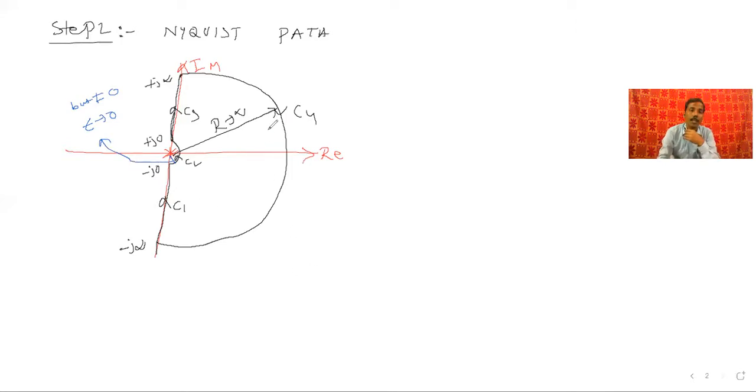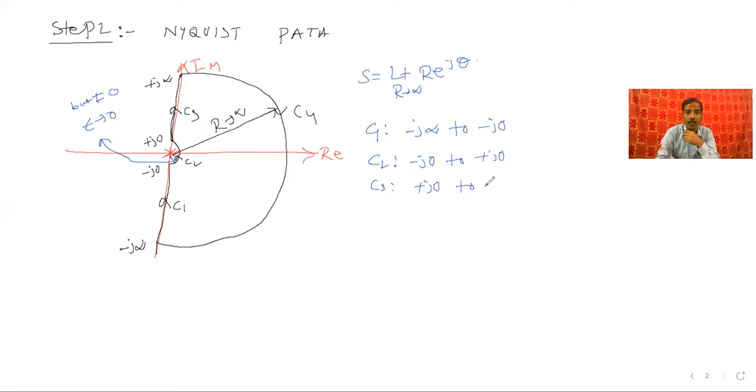Then in this case, s equals limit r tends to infinity, r into e to the power j theta. And C1 belongs to minus j infinity to minus j0. Similarly, C2 belongs to minus j0 to plus j0. C3 belongs to plus j0 to plus j infinity.